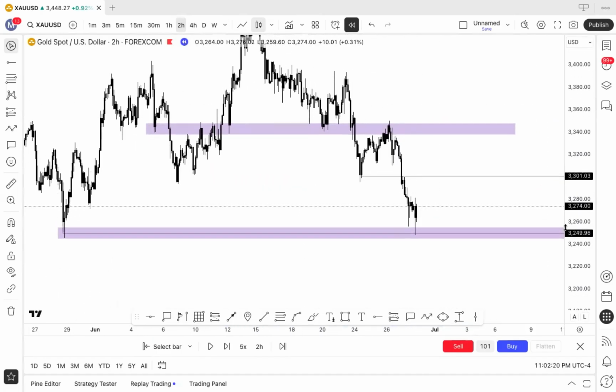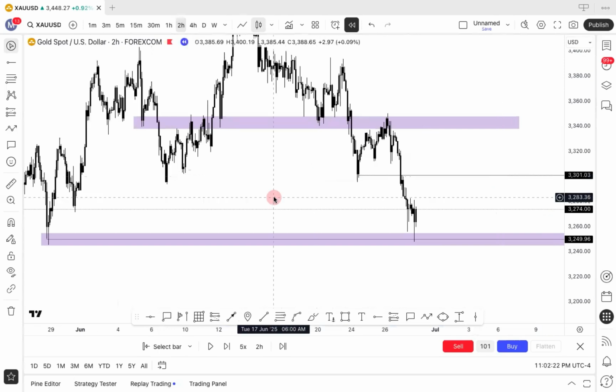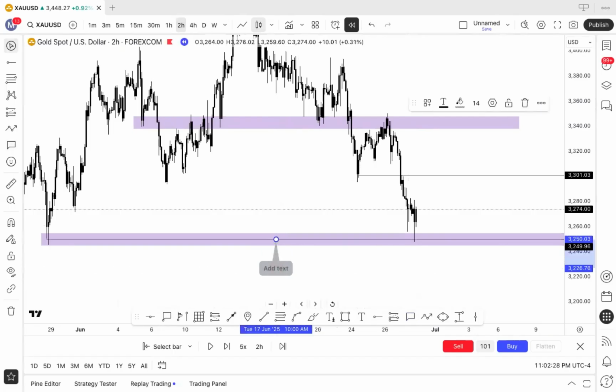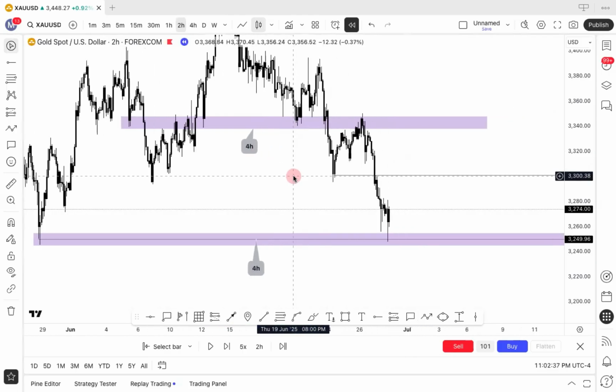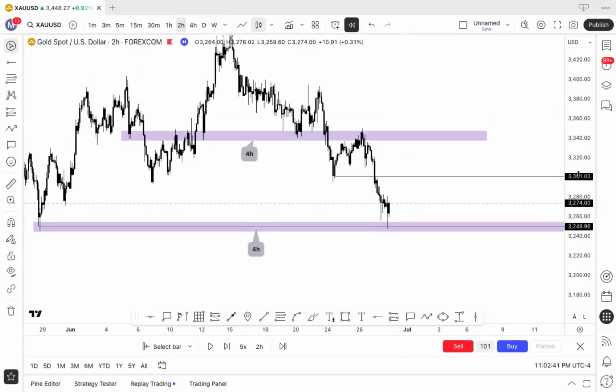Okay. So now that we're here, guys, we can draw more zones in between our major support zone and our major resistance zone that's found on the 4 hour time frame. So this is a 4 hour zone, 4 hour zone. But guys, I do not need to do too much, because I already have a zone in between this, right?